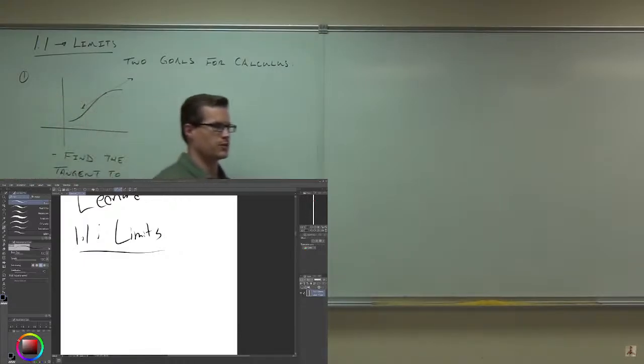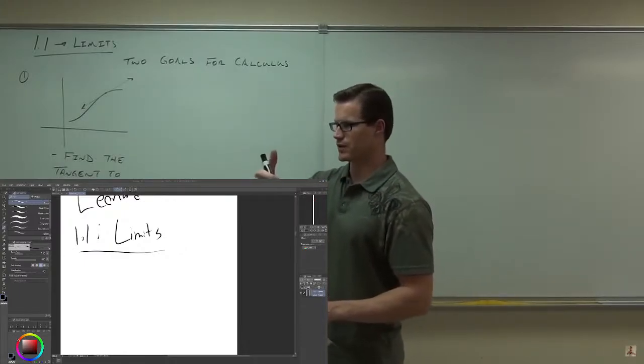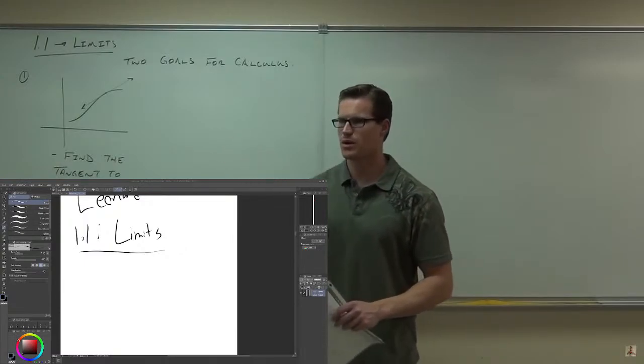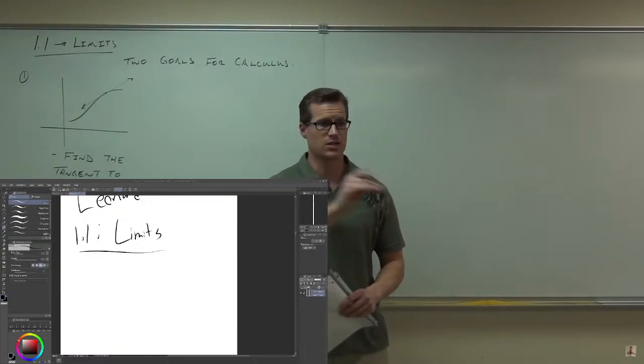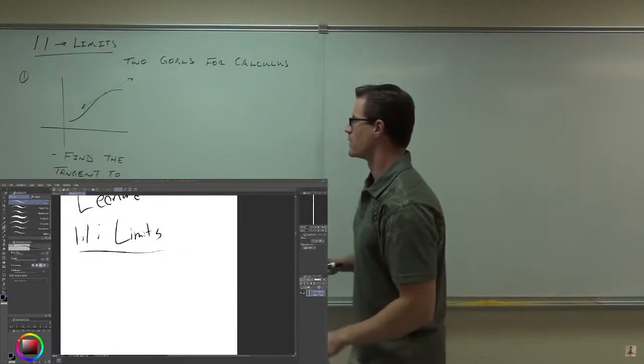That's goal one. If we can do that, we're on calculus fast pace. We want to take a curve and be able to find the slope of that curve at a point. That's going to lead to the tangent and vice versa. Tangent and slope go hand in hand for us.